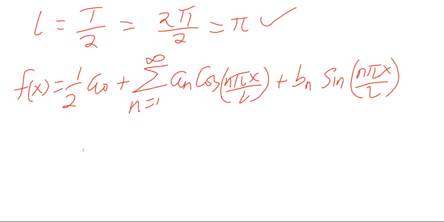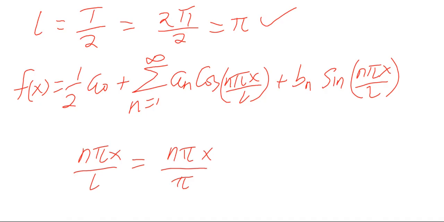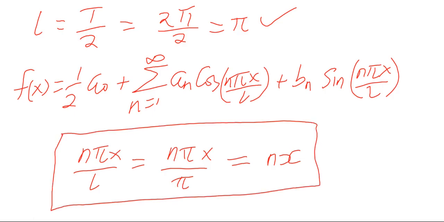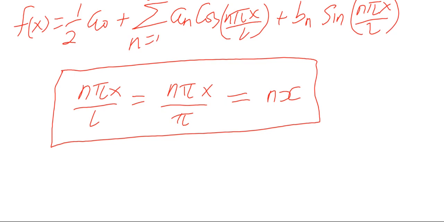So when we write n pi x divided by L, this quantity will be n pi x divided by pi, and pi cancels out and we are left with nx. So we can replace the quantity n pi x all over L in this particular example with nx.